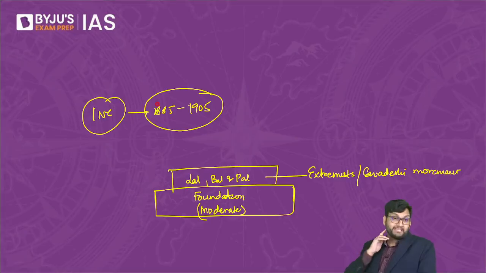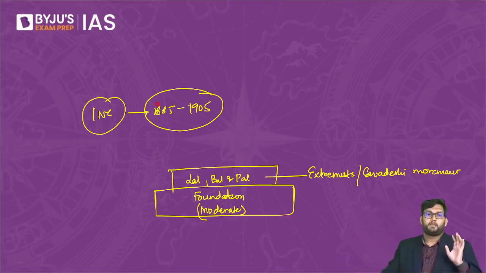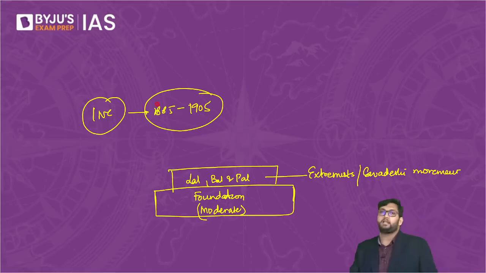Still, the British hated the INC quite a lot, because the INC was sent a message from Dufferin, that you only take social issues, no political issues. But the INC did not agree. So Dufferin and others used to ridicule the INC quite a lot. But the basic point was, you can't be an extremist first. Everybody has a moderate phase.